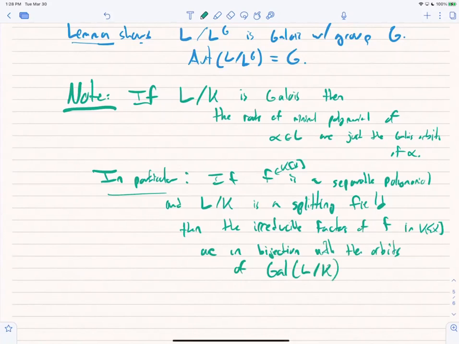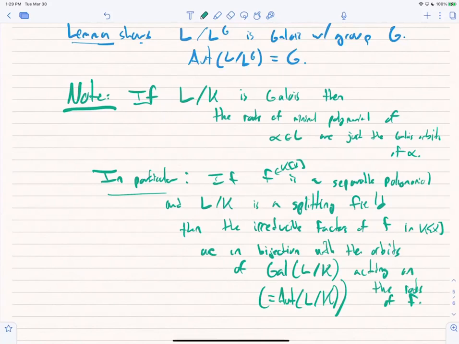Sometimes, to emphasize that the extension is Galois, instead of writing Aut of L over K, you write Gal of L over K. You say Galois group. So the orbits of the Galois group acting on the roots of f. And this is a powerful idea.